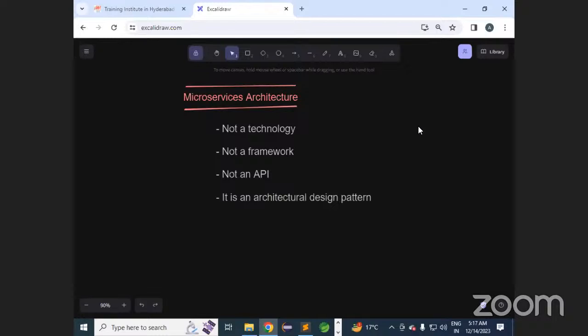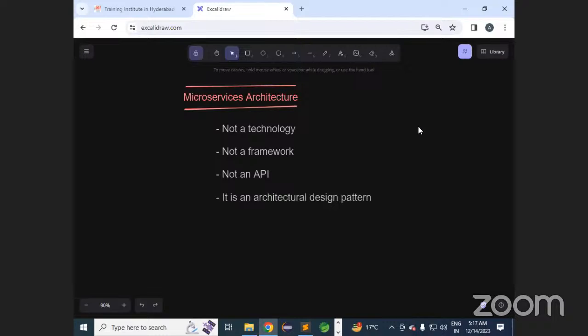Python people can also develop projects using microservices architecture. .NET people, PHP people, and Node.js people can also develop projects using microservices.